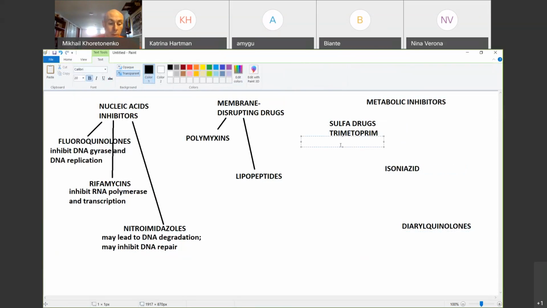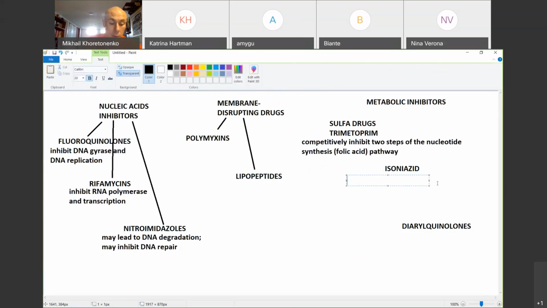So sulfa drugs and trimethoprim competitively inhibit two steps of the nucleotide synthesis, the folic acid pathway.